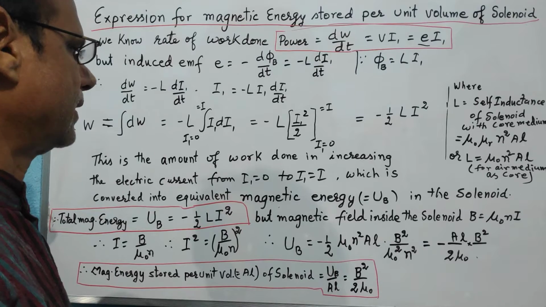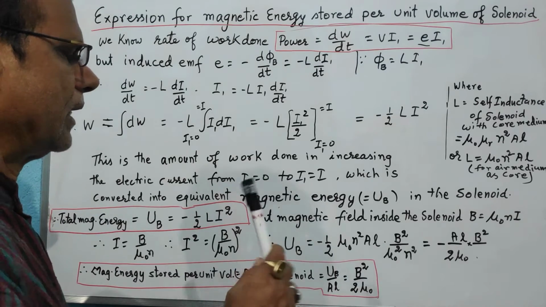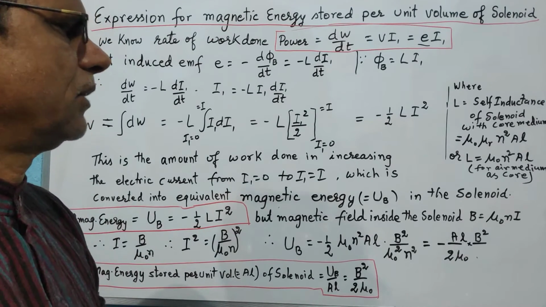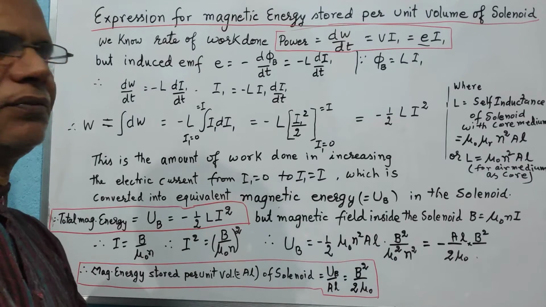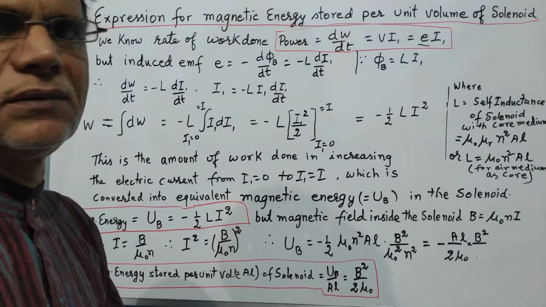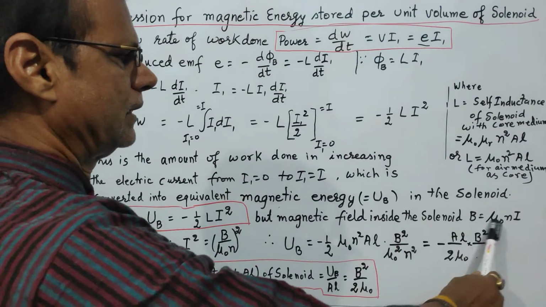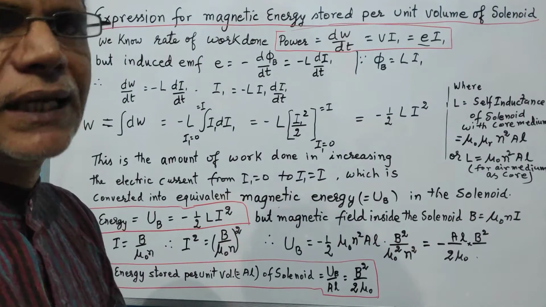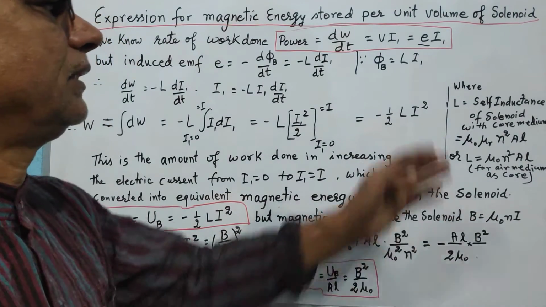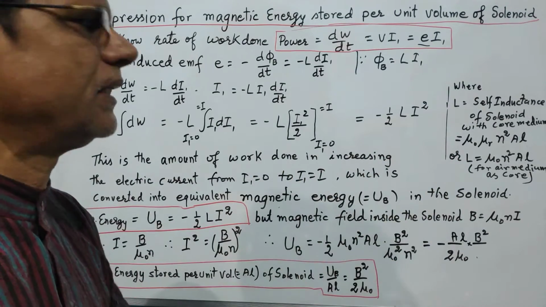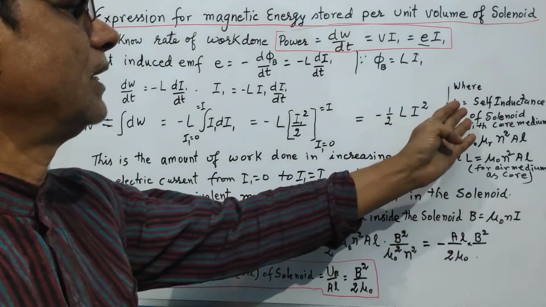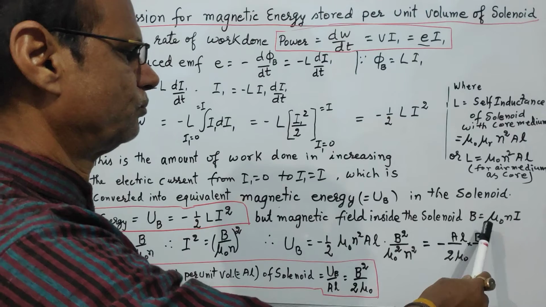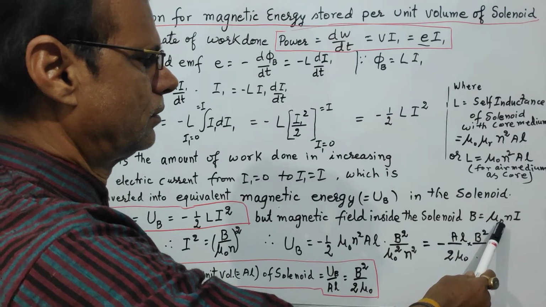Once we have found the work done, we can understand that an equivalent amount of magnetic energy is stored in the solenoid, because when current flows through the solenoid, a magnetic field is generated within it. We found that the magnetic field in the solenoid is B equal to mu 0 N I in case we have an air medium. If we have some core material having permeability mu, then we have a corresponding expression for the self-inductance of the coil, and for the magnetic field we write mu instead of mu 0.